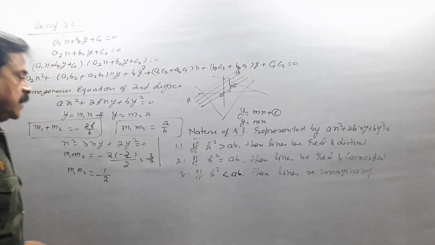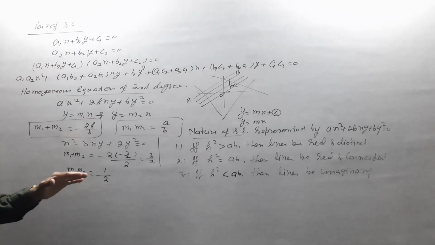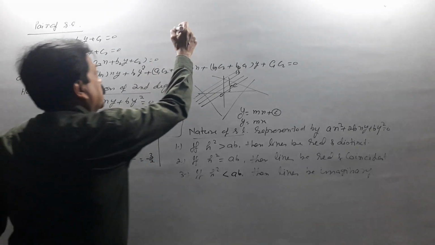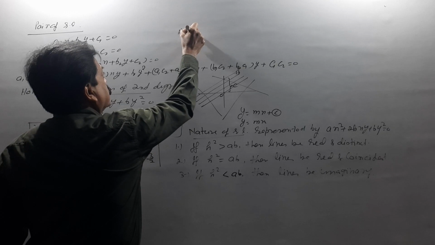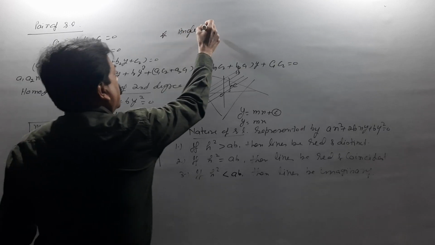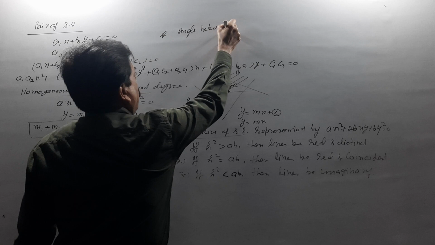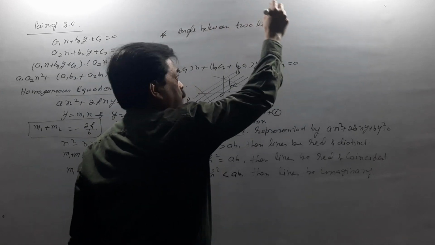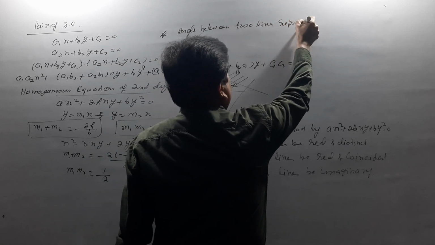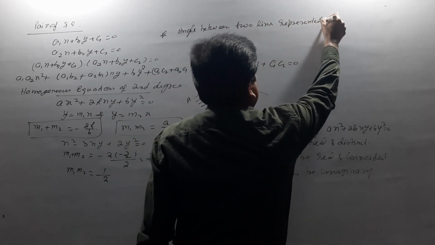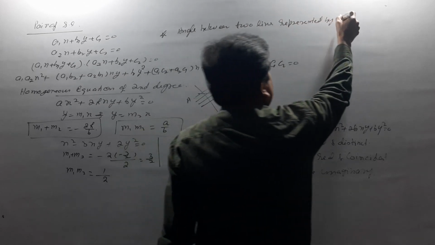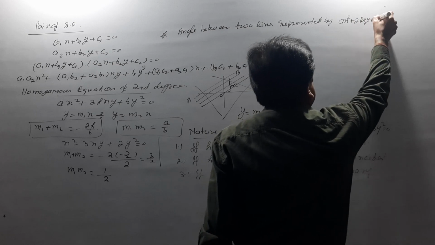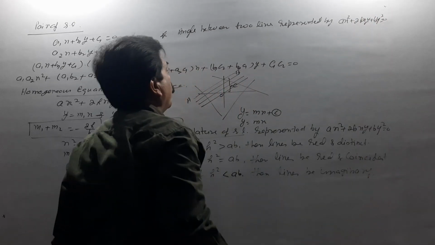Nature of straight lines done. Now, the angle between two lines represented by this pair of straight lines, ax square plus 2hxy plus by square equals 0.